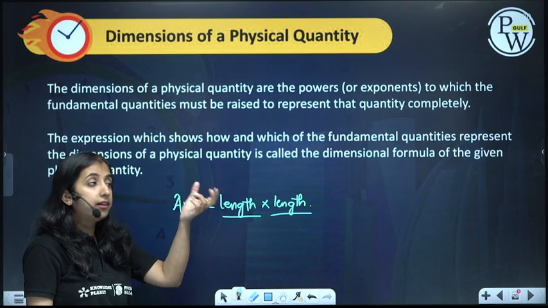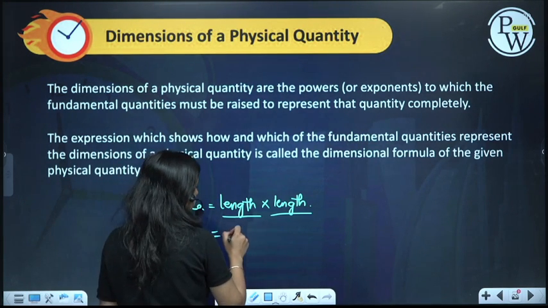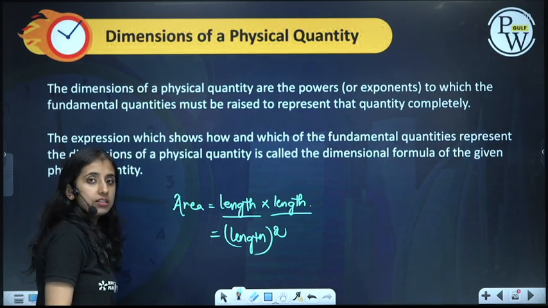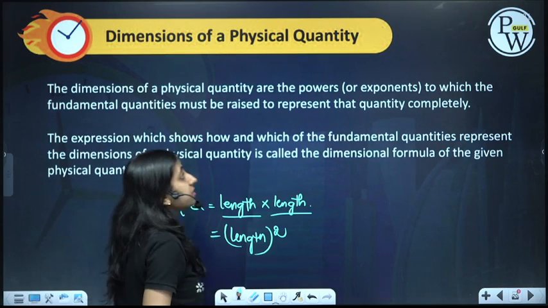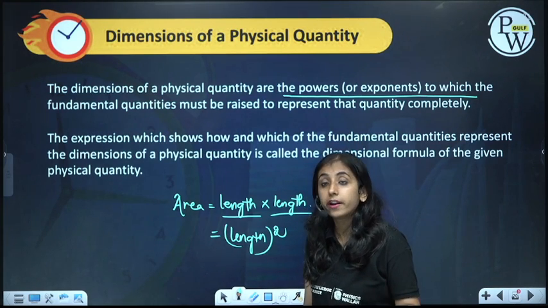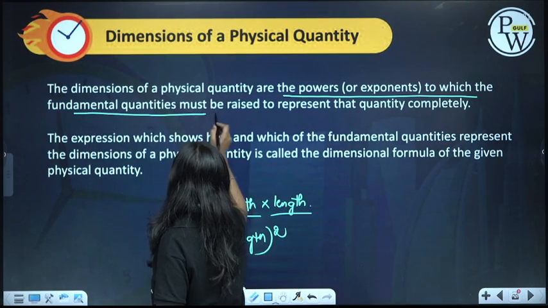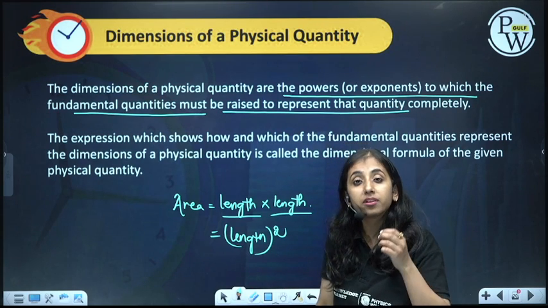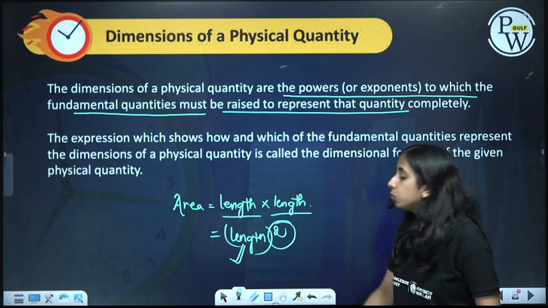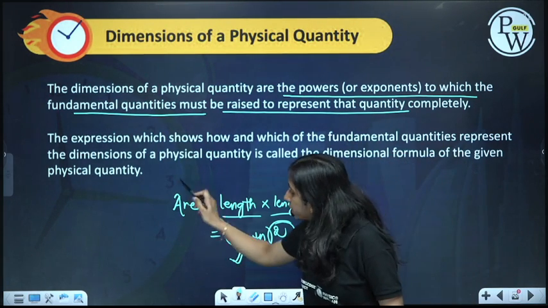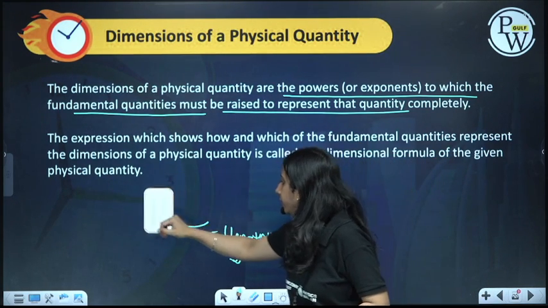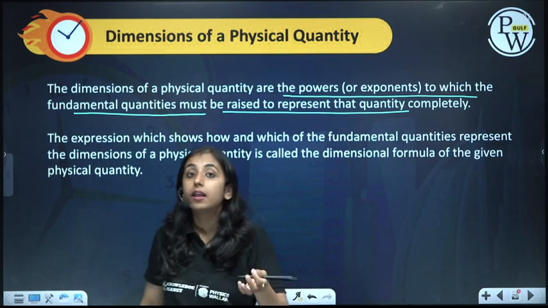Now, what are the dimensions of physical quantities? Can I write area as length square? So the dimensions of physical quantities are the powers or exponents to which fundamental quantities must be raised to represent that quantity. So dimensions of area is length square.